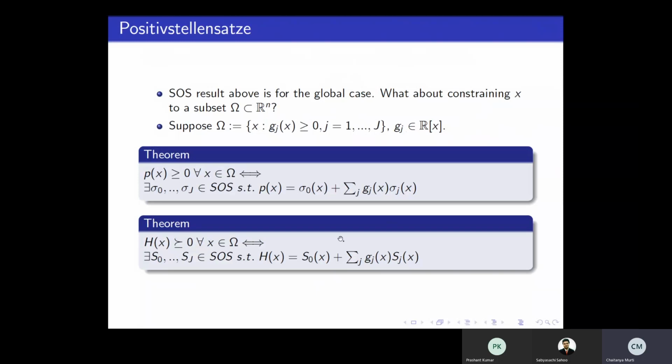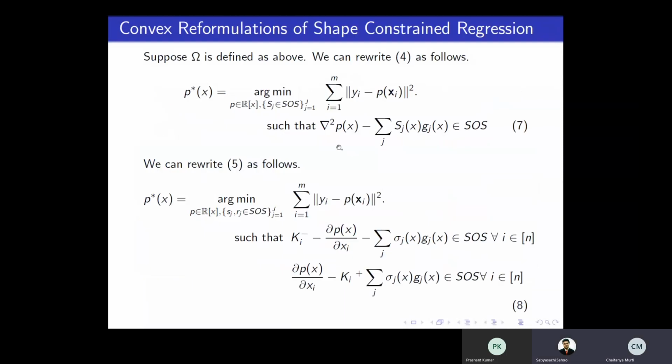That comes from the previous thing because we just moved the sum over j to the other side. So h(x) minus sum of g_j s_j equal to s_0 is exactly the same as saying the Hessian of p minus the sum of s_j g_j is a sum of squares polynomial. It's exactly the same thing. So now this is tractable. This is now convex, and it can be solved with an interior point program with the quadratic cost.